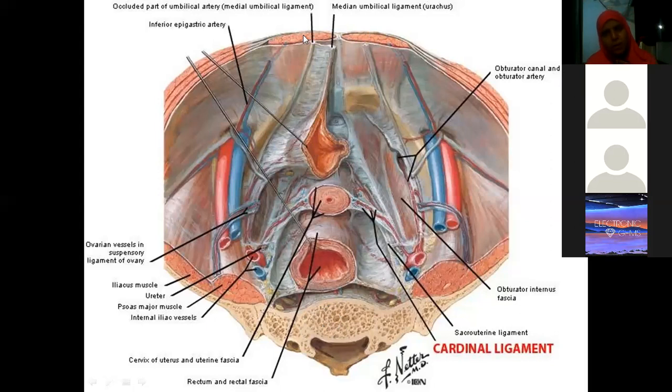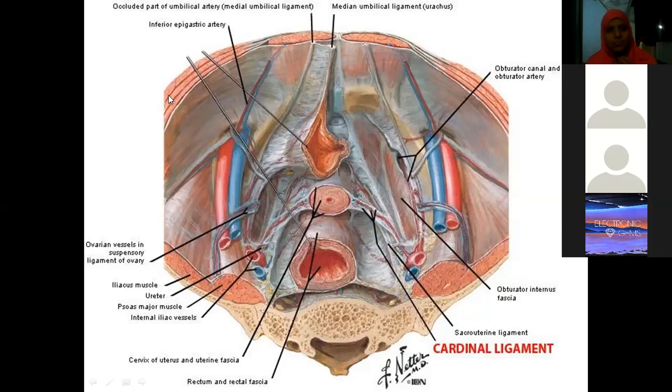Can you tell me what these are? The umbilical ligament. On the anterior abdominal wall, the six pack muscle is there, no? Rectus abdominis. Very good. What are these three muscles?